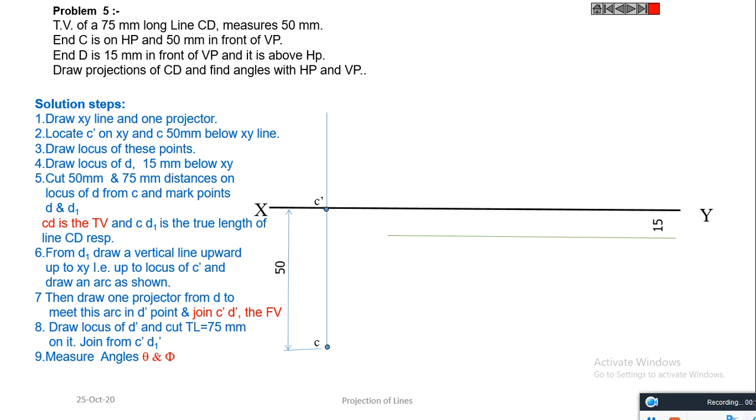And draw the locus of C. The locus of D and D1 will be 15 millimeter below XY line.